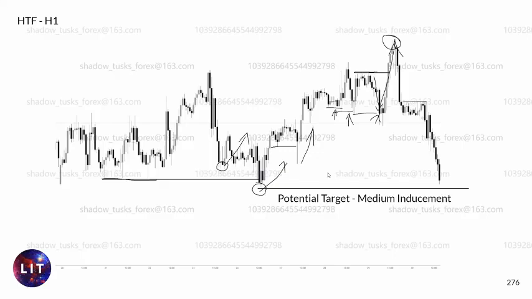Now, does that mean that we can have a fully bullish day? Of course it does. This is the higher time frame, right? But we should know that with our buys, we shouldn't really look for crazy swings to the moon.